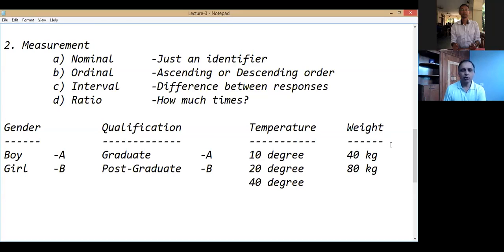So I was giving you the example of Sachin Tendulkar with a jersey number of 10. And let's say Saurav Ganguly has 99. And let's say Dhoni got a jersey number of 1. Now it doesn't mean Sachin Tendulkar is 10 times better player than Dhoni because his jersey number is 10 and Dhoni got 1.